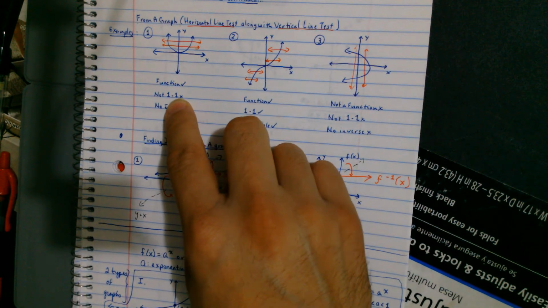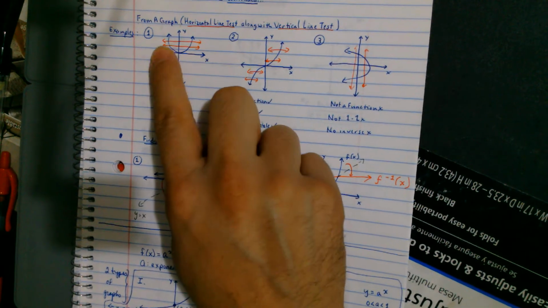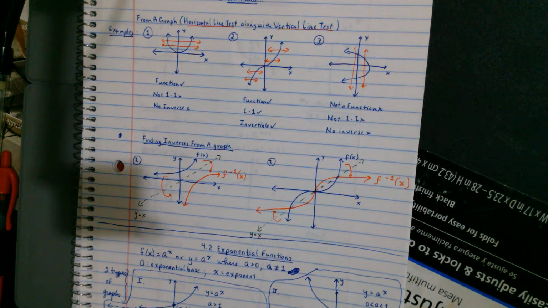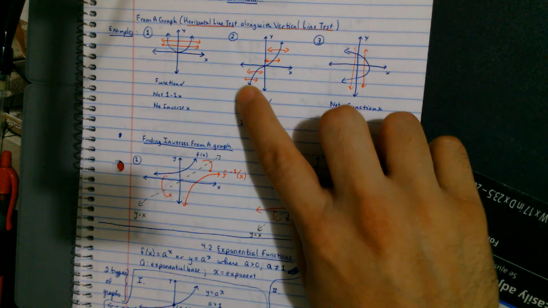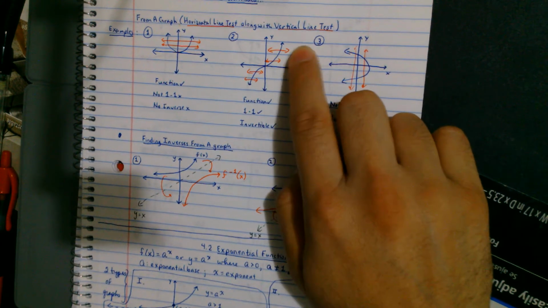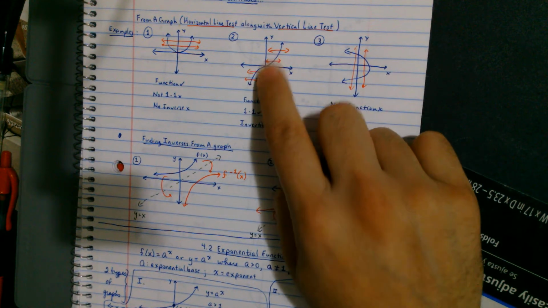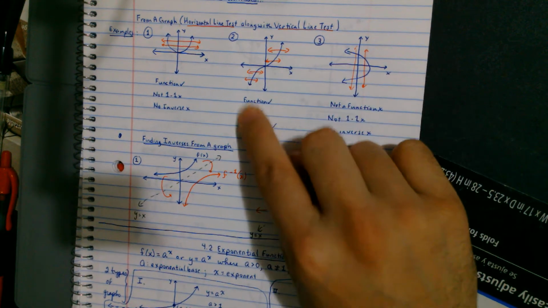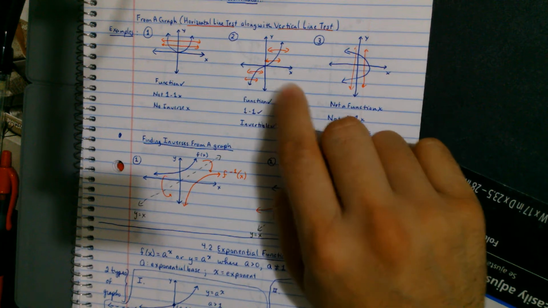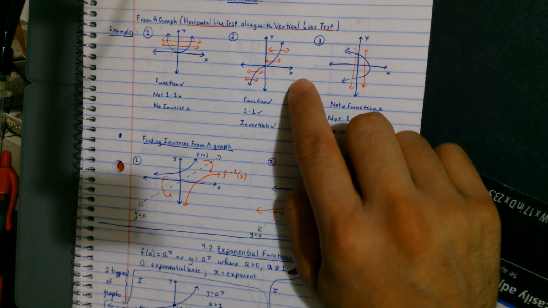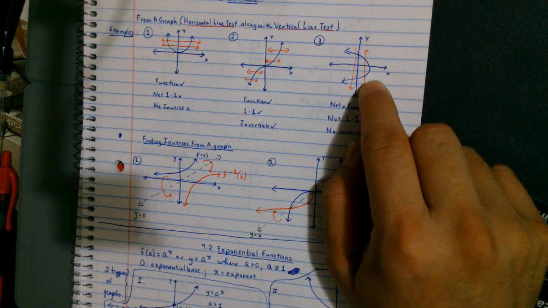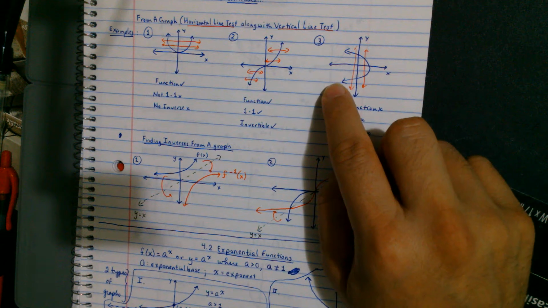So it's not 1-to-1. So the horizontal line test, if you hit the graph at more than one point, it's not 1-to-1. Here, every horizontal line that runs through this hits it only once. So it's 1-to-1. You can convince yourself that every vertical line hits it only once. So this function is invertible. It is a function, and it is 1-to-1. Therefore, it's invertible.